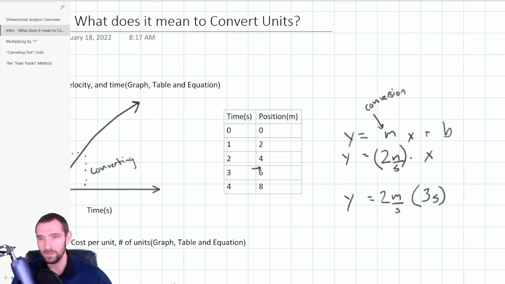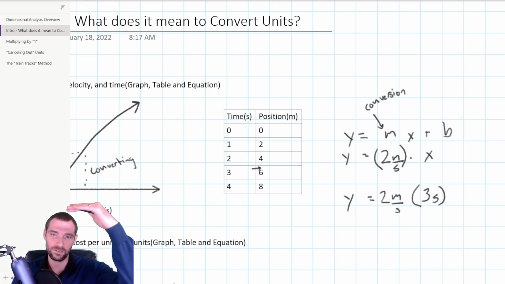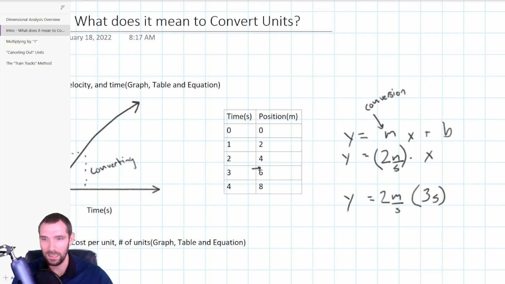It's converting between seconds and meters. So a conversion factor needs to have one unit on top and bottom, and it should cancel out. And we'll go over this a lot more in the later part of the video. It's called canceling out units, right? But we are left with just meters. And so we now know that y is equal to 6 meters.